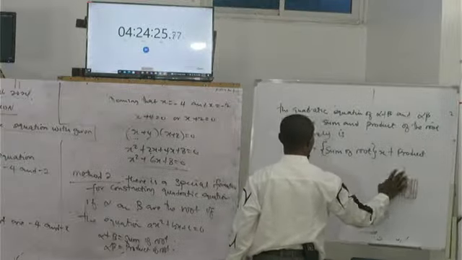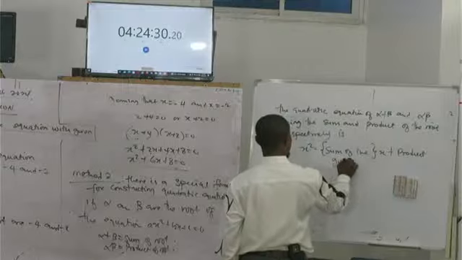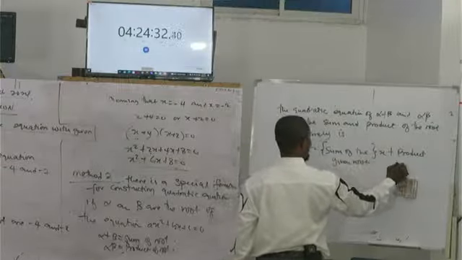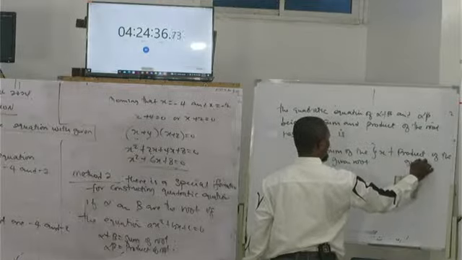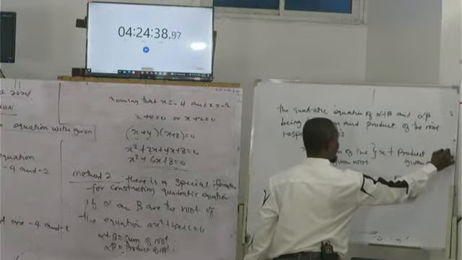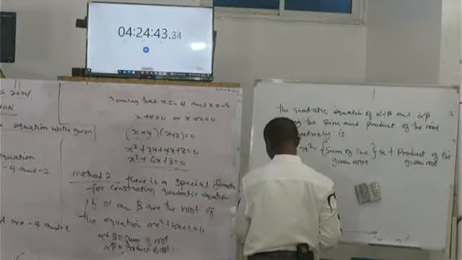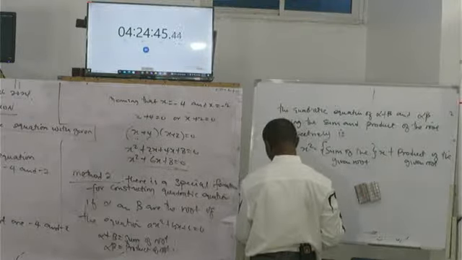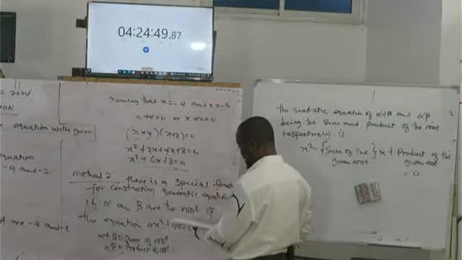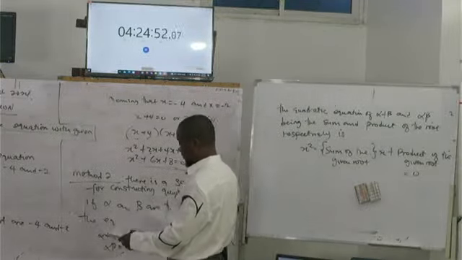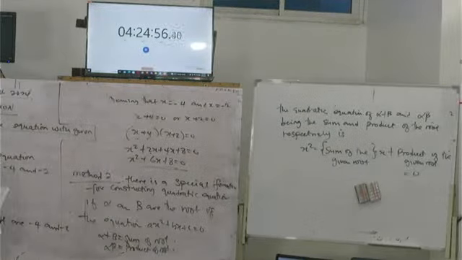You can say sum of the given roots and product of the given roots. That is the formula. We are using that formula and we have the same answer.